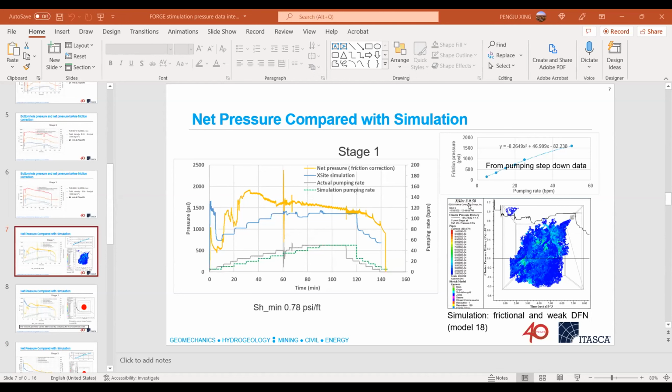You have what we call filter loss, or did you go through the matrix as well? How did you do that? Is your model dual porosity, which consists of the DFN natural fractures and the matrix? What does your model look like?